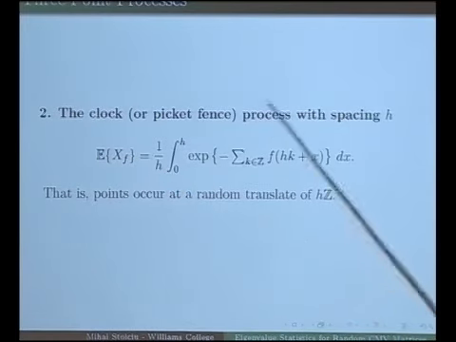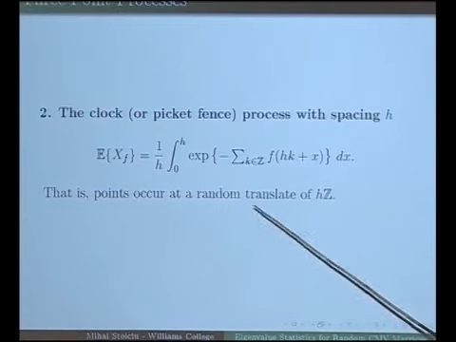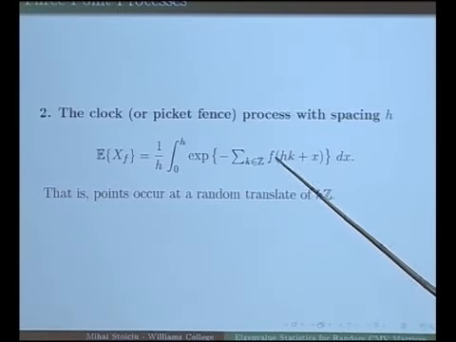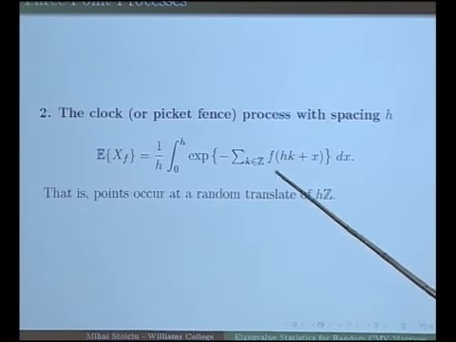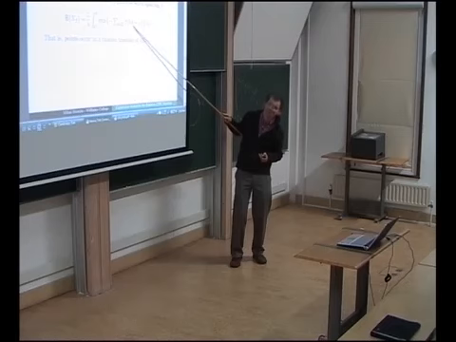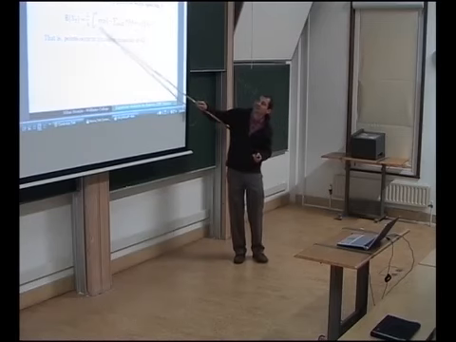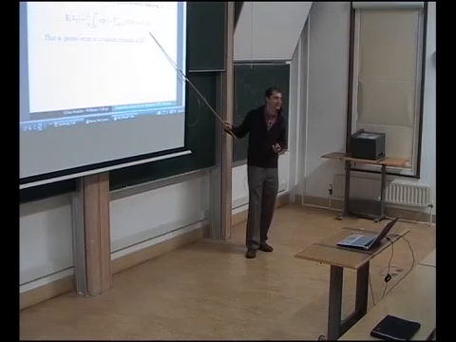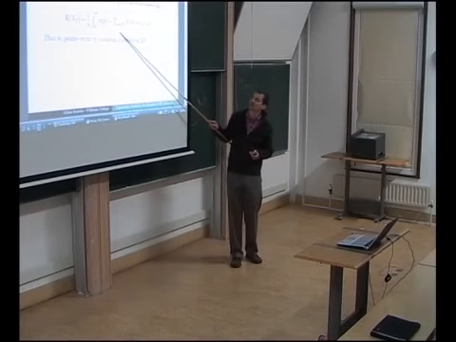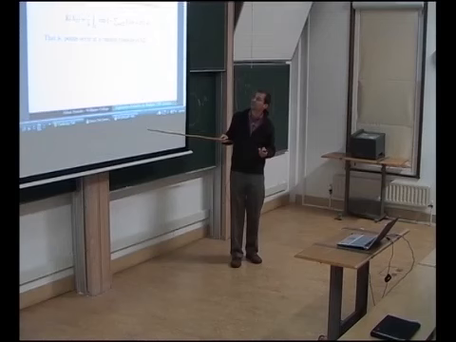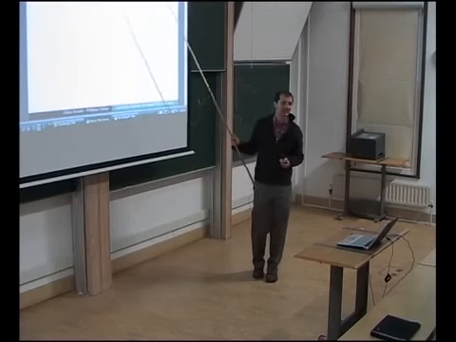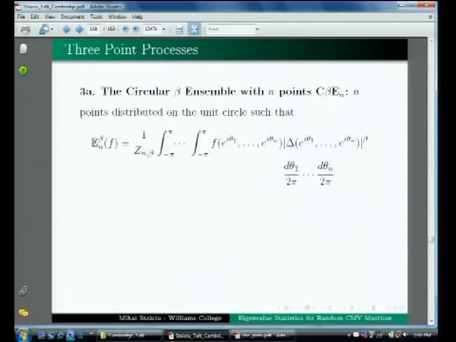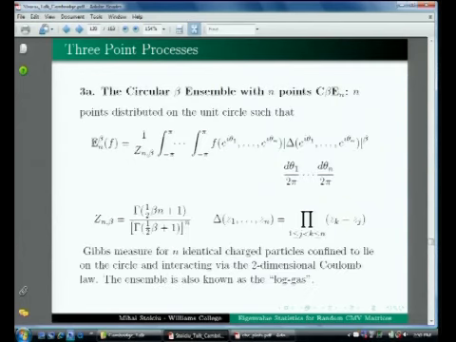I will write the Laplace functional. If you want to have spacing h, the Laplace functional of the clock or picket fence process with spacing h is given by this. You see, it's as if you apply f to random translates in the interval 0h. So you have hk for any k plus x, and you integrate on 0h dx. So this is the Laplace functional of the clock point process.